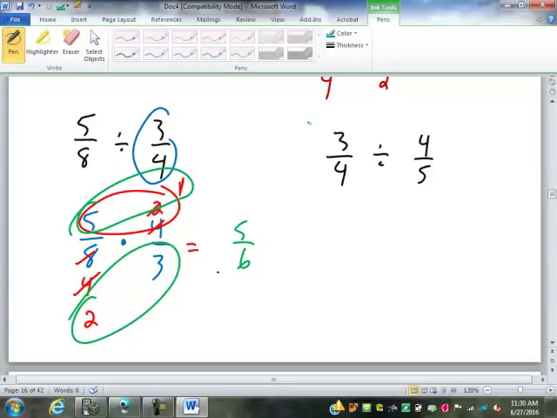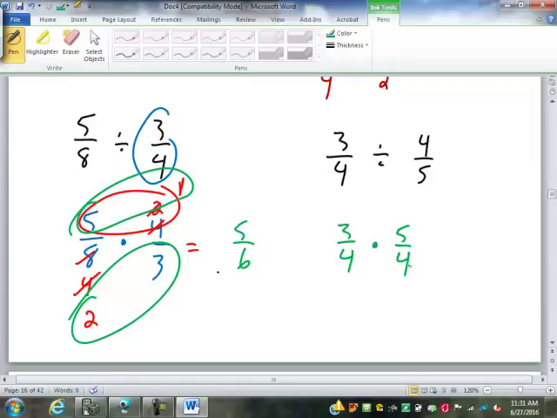Yeah, it's not multiplication right now. It's division. We can only cross cancel in multiplication. This is going to be multiplication, it just isn't yet. What do we do to the 3/4? We leave it. It is 3/4. Then it becomes times 5/4.